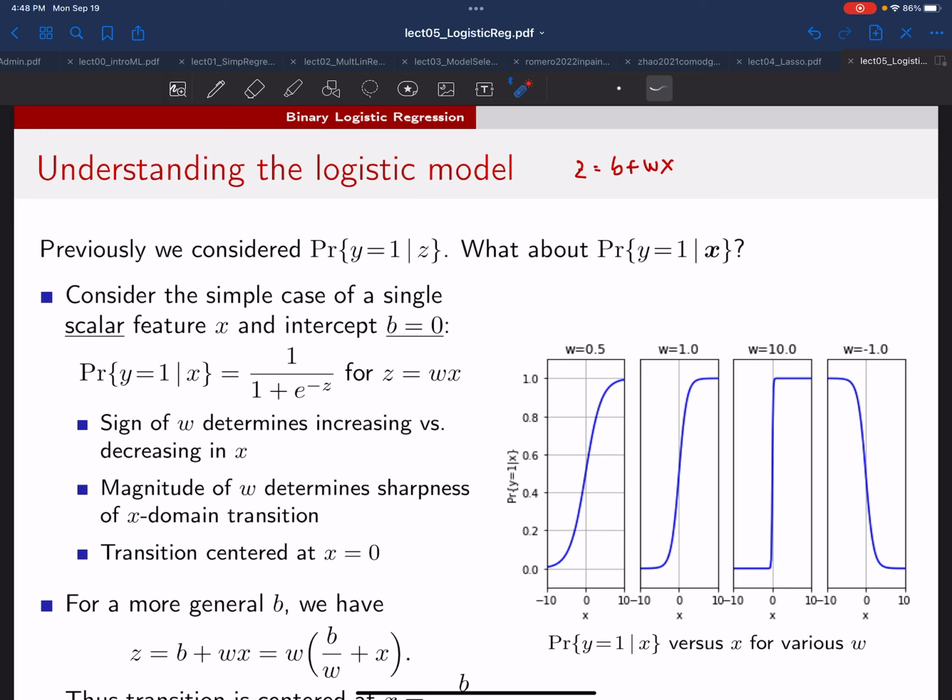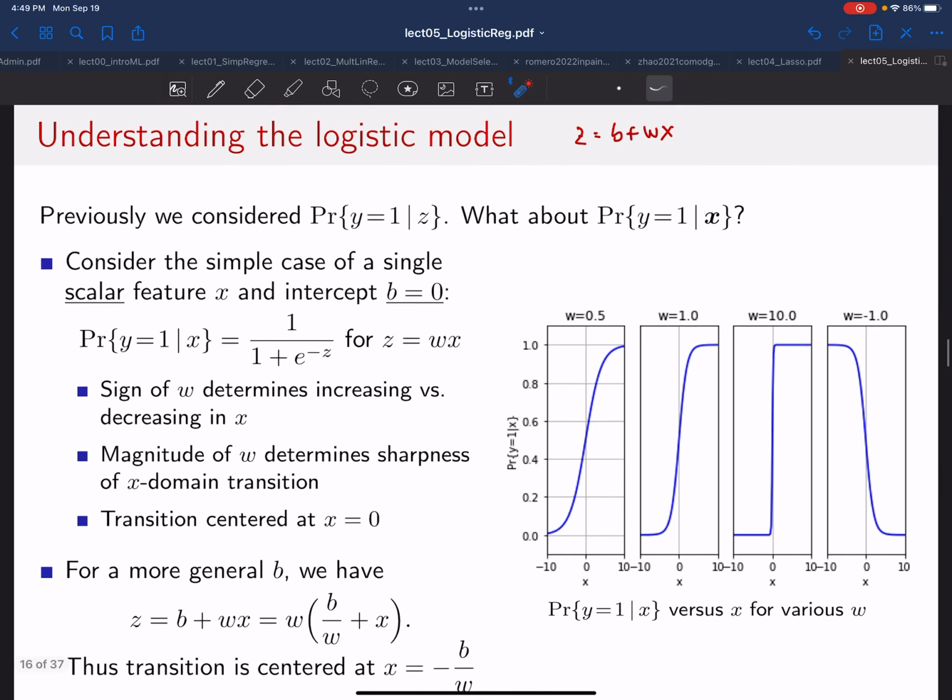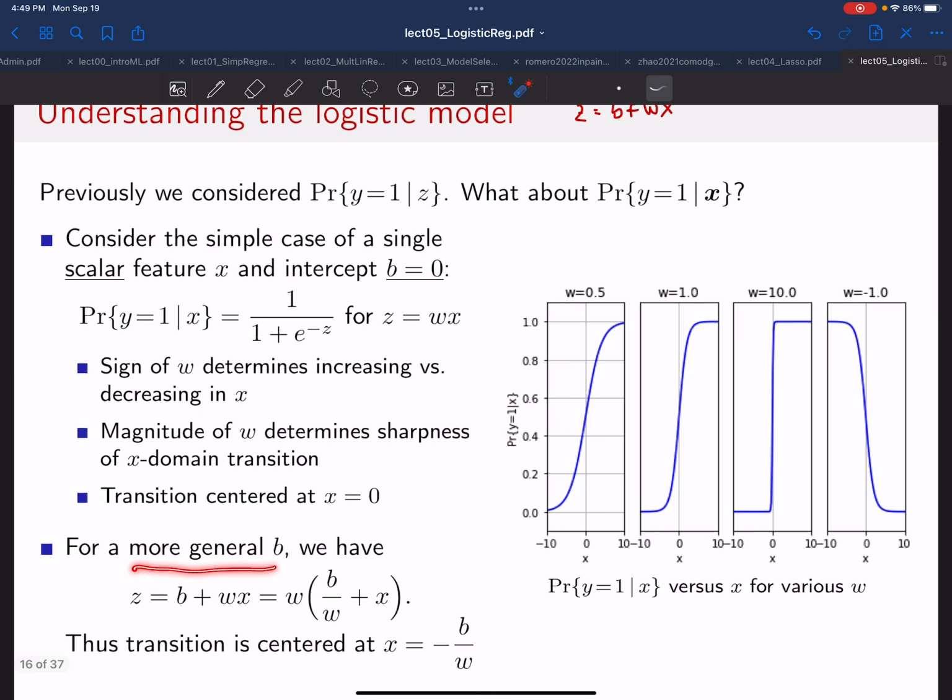It turns out the role of b is to shift it away from 0. So let's think about what happens for a more general b, any b. Previously we had this case, now we have this case. We can rewrite this a little more easily like this: w times something. And that something is basically translating x.